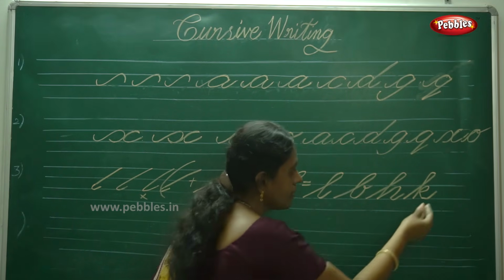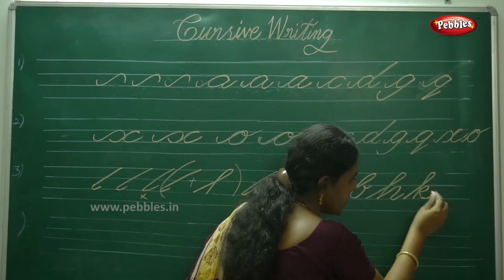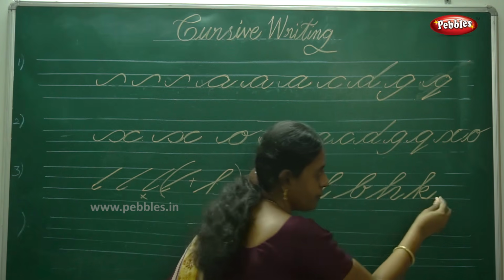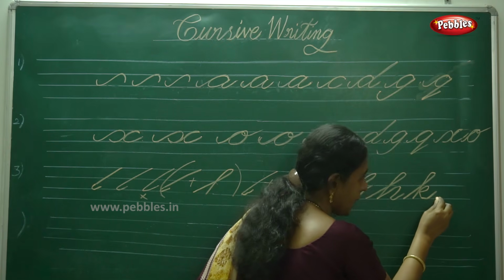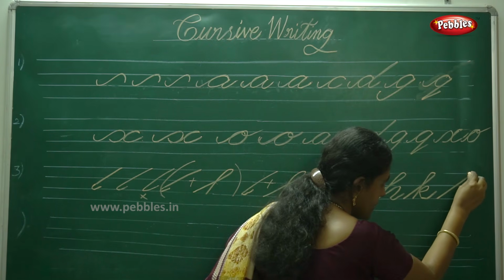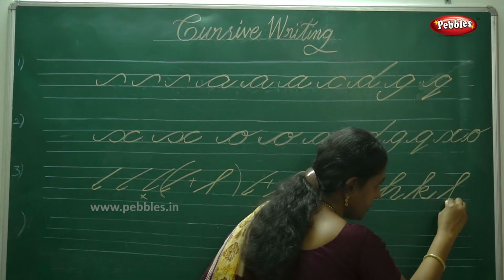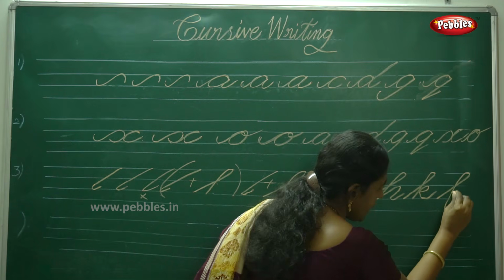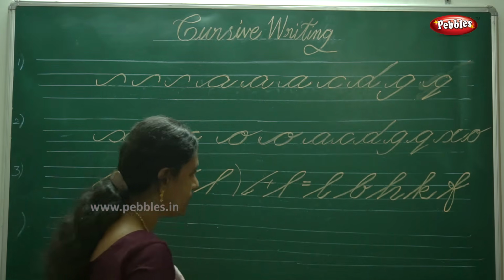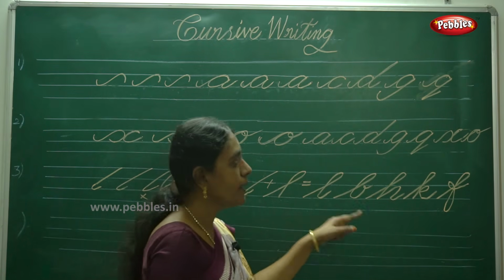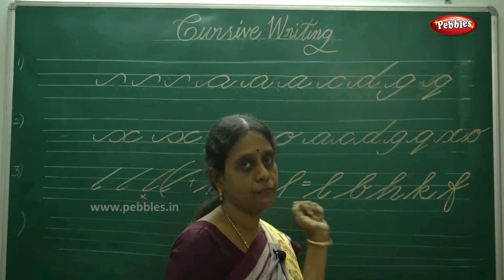So listen, F comes from the similar basic stroke, from bottom line to ascender, then it touches the descender, again it comes top. Okay, L, B, H, K, and F.